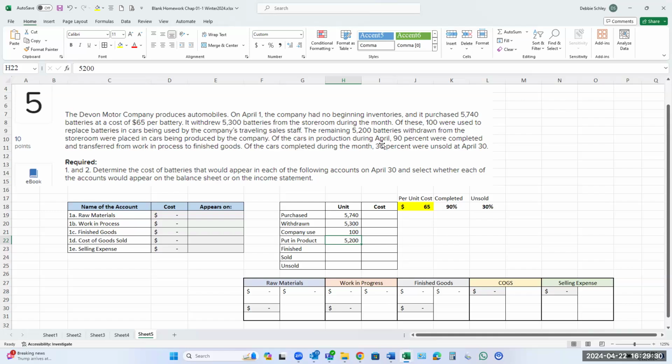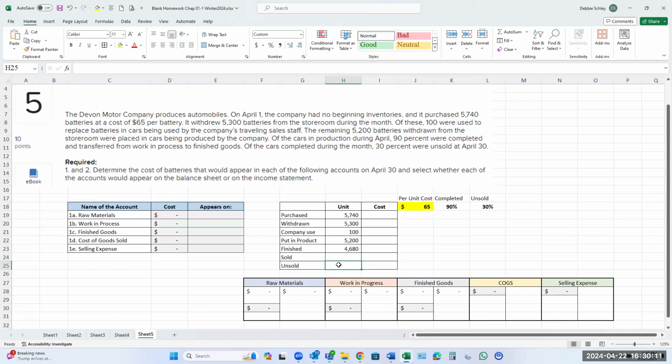Of the cars in production during April, 90% were completed and transferred from work in process to finished goods. Of the cars completed during the month, 30% were unsold at April 30th. So here's my completed 90%. I just put these here so I can reference them, because here's my 5,200 product, cars. To figure out the ones that were finished, I'm going to take that times the 90%. That's how many were completed.